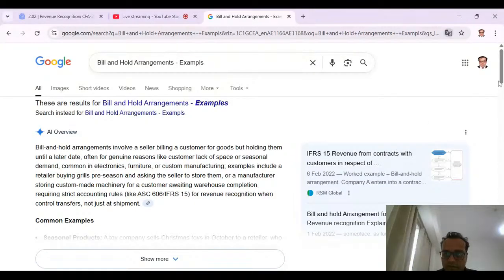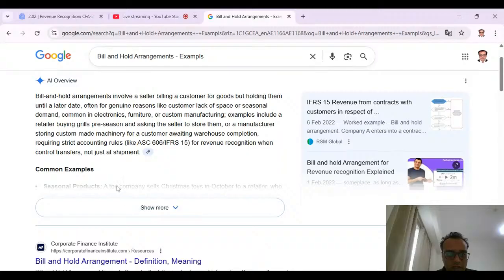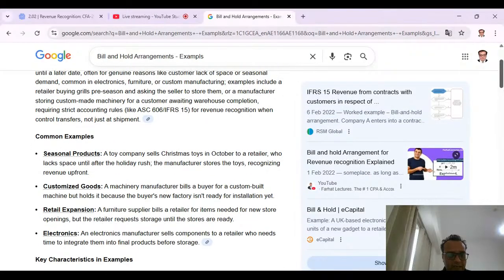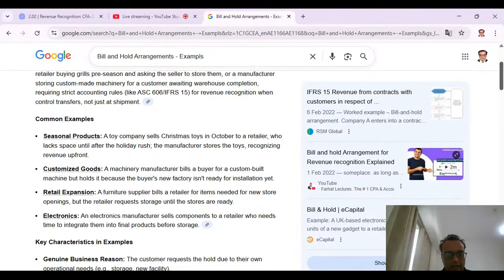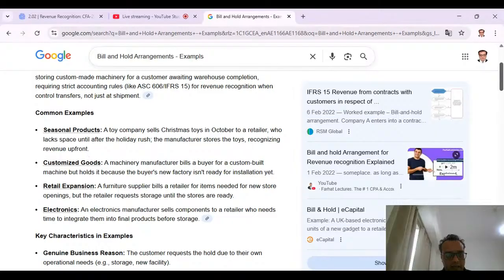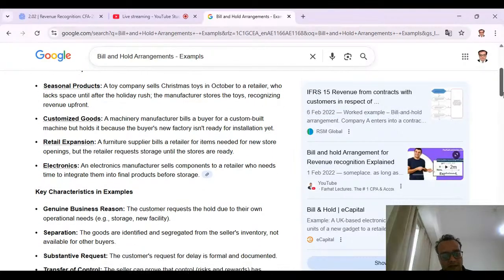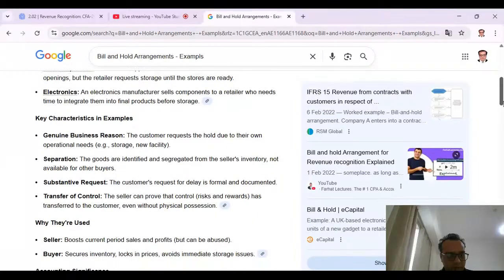Seasonal product: a toy company sells Christmas toys in October to a retailer who lacks space until after the holiday rush. The manufacturer stores the toys, recognizing the revenue, which is a fair example. A furniture supplier bills a retailer for items needed for new store opening, but the retailer requests storage until the stores are ready, which is again a good example.